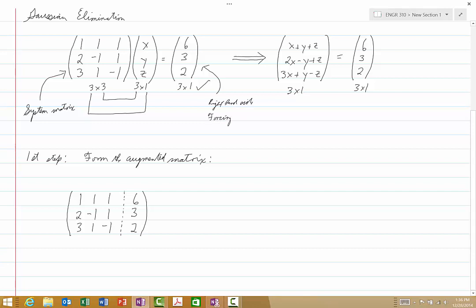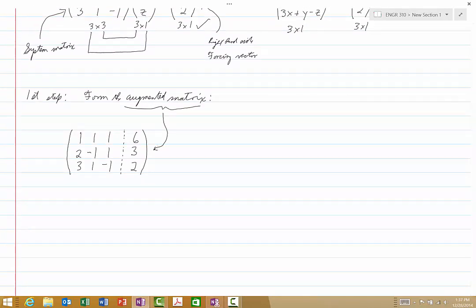You'll see different names. But this is the augmented matrix down here. You have the system matrix on the left and the forcing vector, or the right-hand side, on the right. And this dotted line is just for your convenience to help remind you that these things are separate from each other. And so this is the augmented matrix.